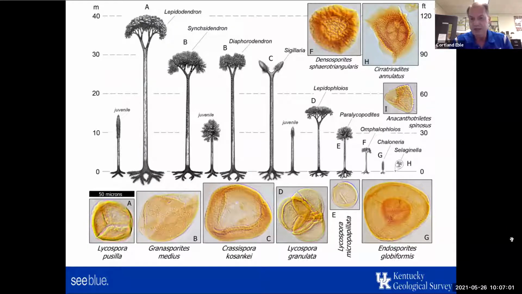As with many plants, the smaller and less spectacular the plant, the larger and more spectacular the spore. Selaginella produced Cirratriradites spores. And then we have another one, Anapiculatisporites. This is attributed to a lycopod we know very little about. Carinostrobus was its cone that produced it, and it's only known from one spot, to my knowledge, of the early middle Pennsylvanian of Kansas.